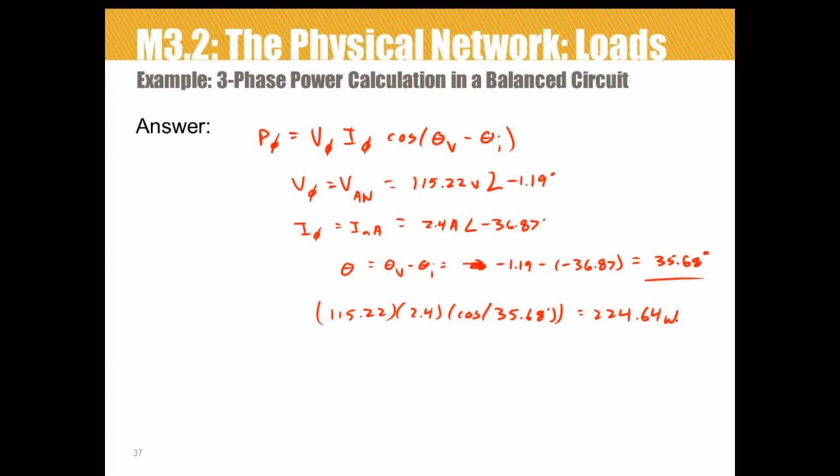So in part B, we were asked to determine the total average power delivered to the load. That's just power total is equal to 3 times power per phase, so equals 3 times 224.64 watts. And that gives us 637.92 watts.